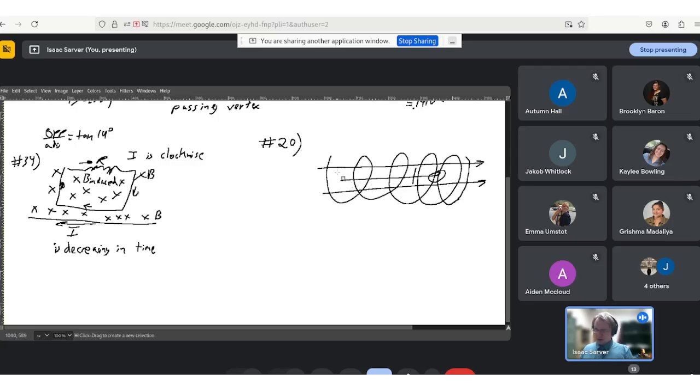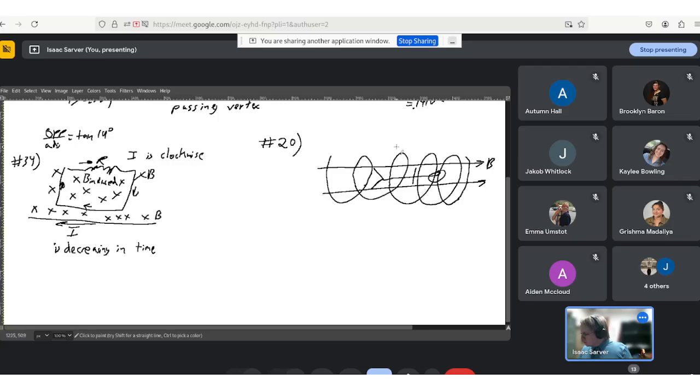I made their body too long. Oh, come on. There we go, close enough. Like so. So we got a B field in here.